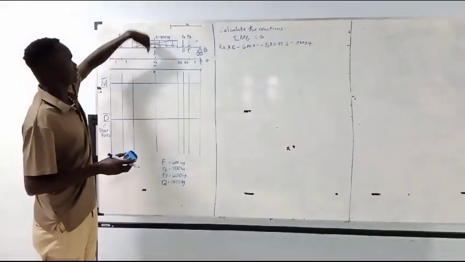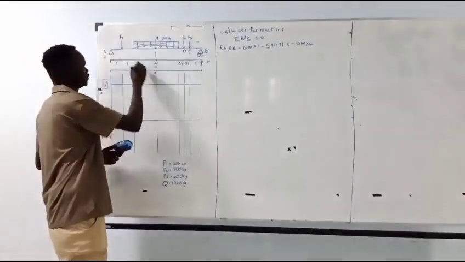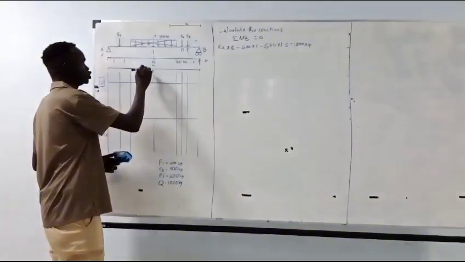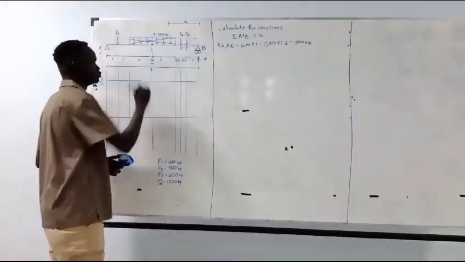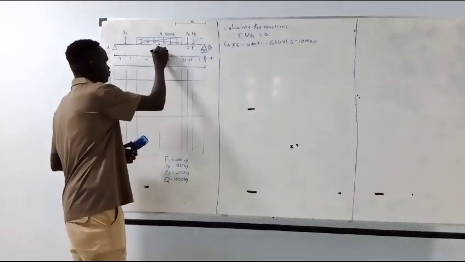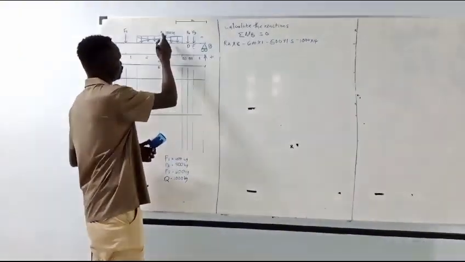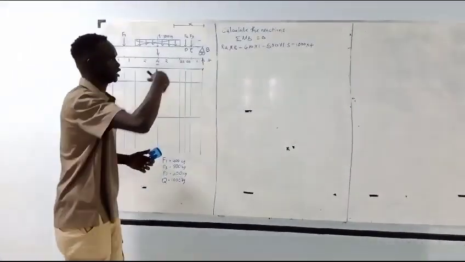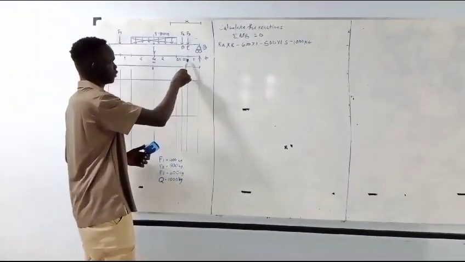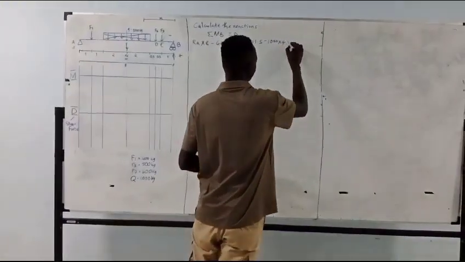This UDL is always based in the center, so dividing 4 by 2 gives 2 meters on each side. The distance from point B is 1 plus 1, which is 2, plus 2, which is 4, so you multiply by 4.